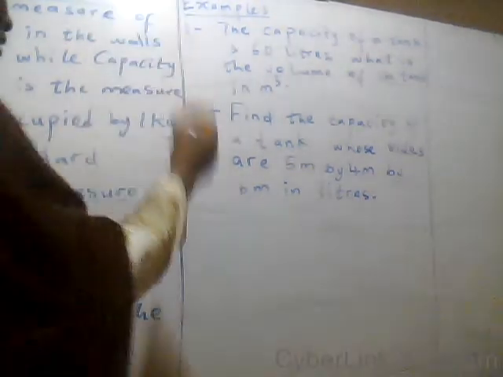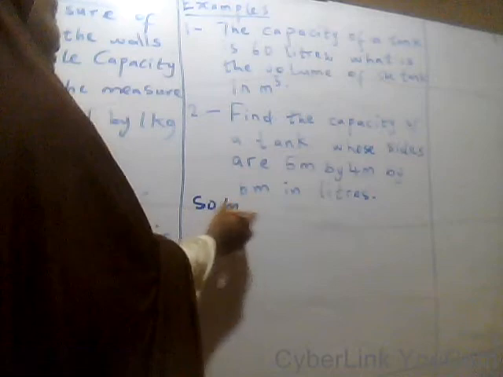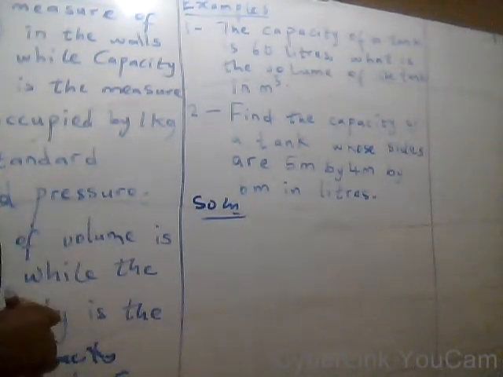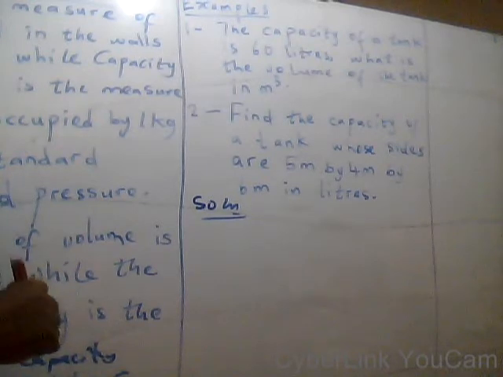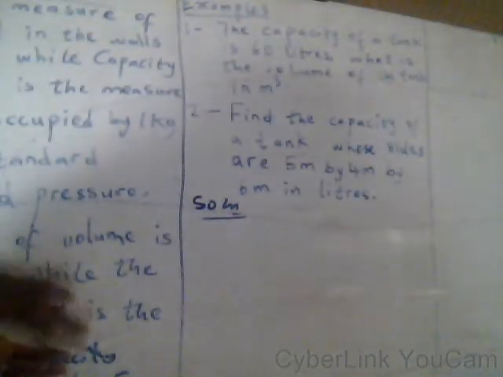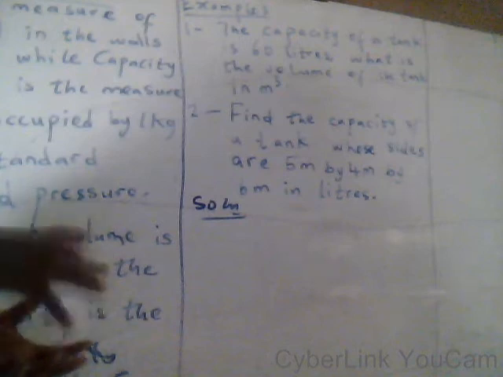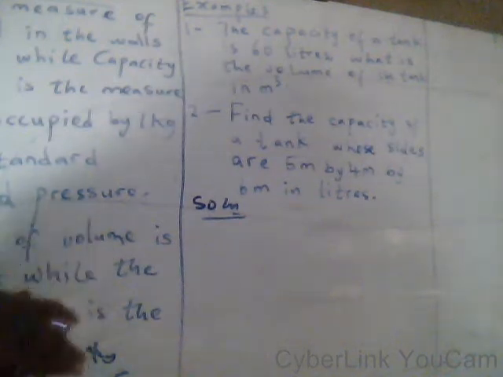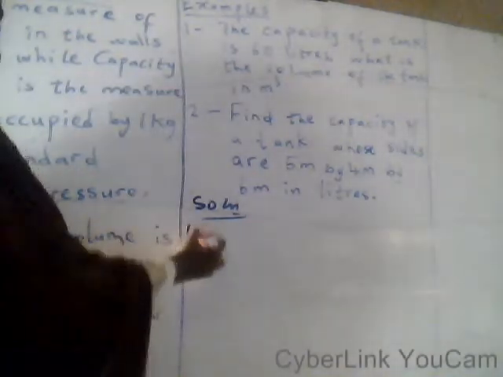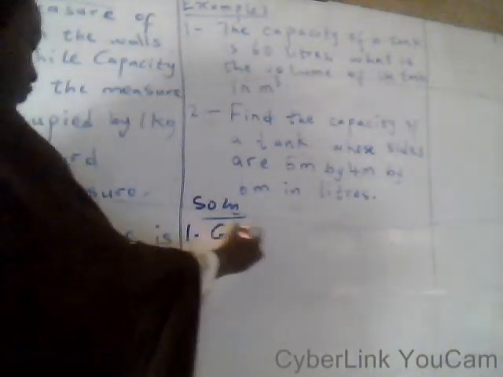Now let's start. The first question says the capacity of a tank is 60 liters, which means that this particular tank can hold 60 liters, and we are asked to find the volume of this tank in meter cube.